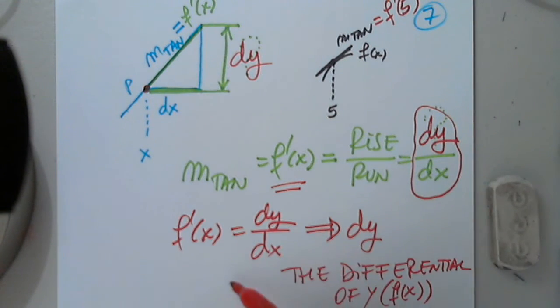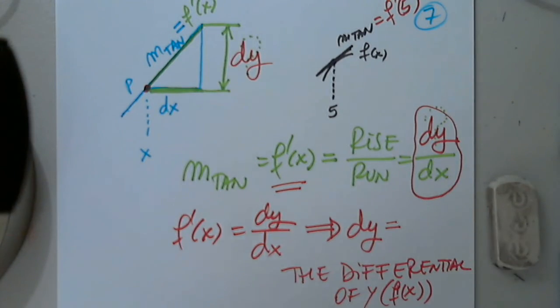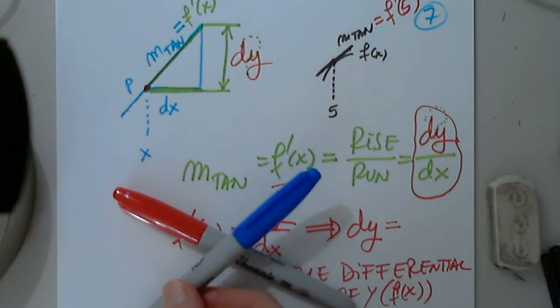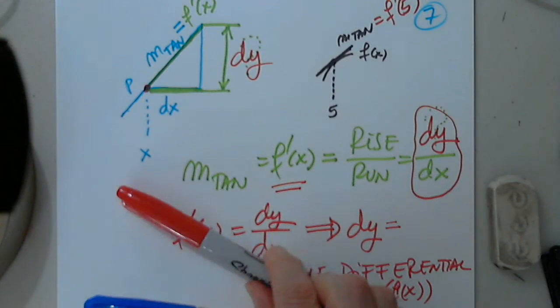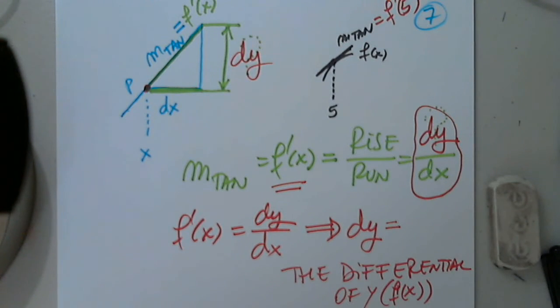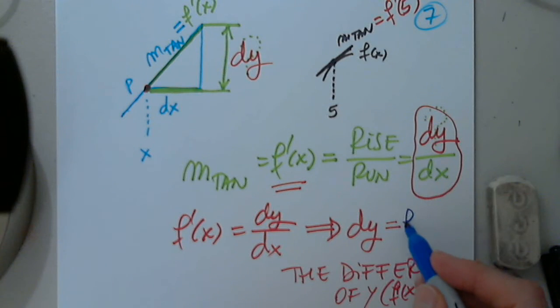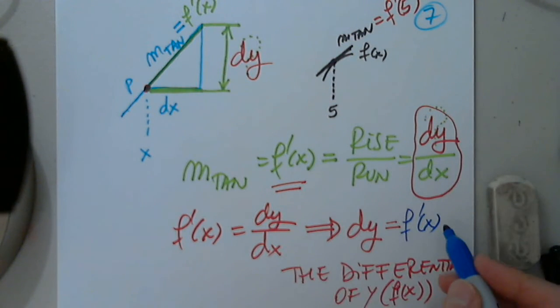Can anyone solve this equation for us for dy? How much is dy? Would that be f prime of x multiplied by dx?